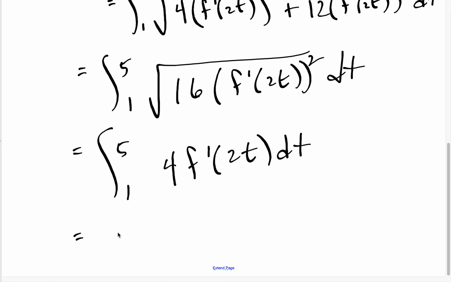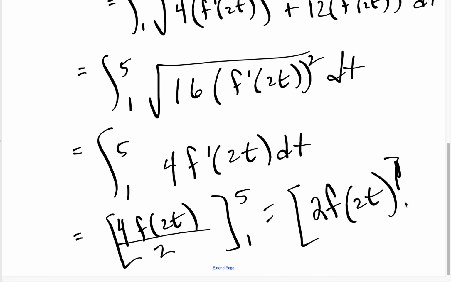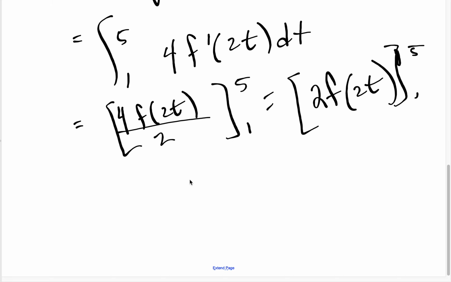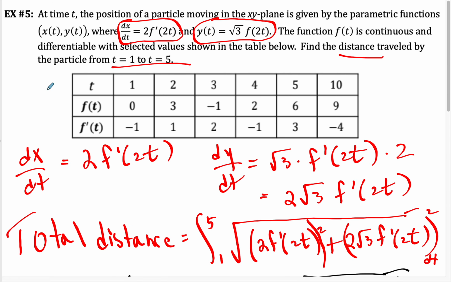So when we integrate this, what do we get? We get 4 f of 2t divided by, so think u sub, divided by the derivative of the inside, which is just going to be 2, evaluated from 1 to 5. And here we go. Fundamental theorem of calculus: 2 times 5 is 10, 2 times 1 is 2. And now we go back to our table.